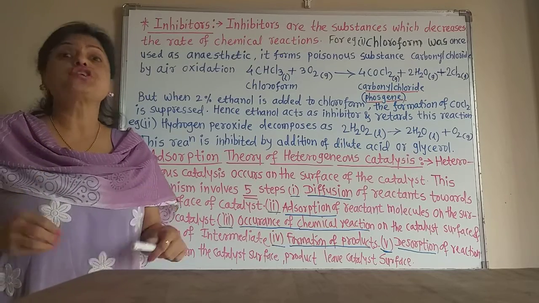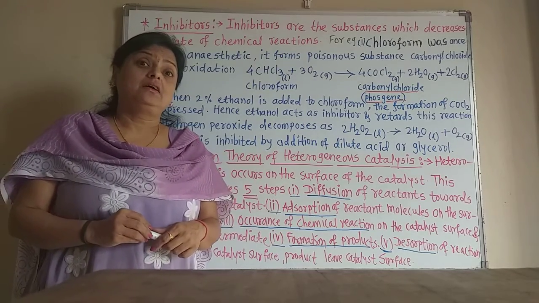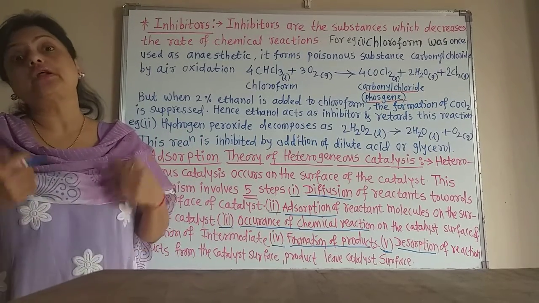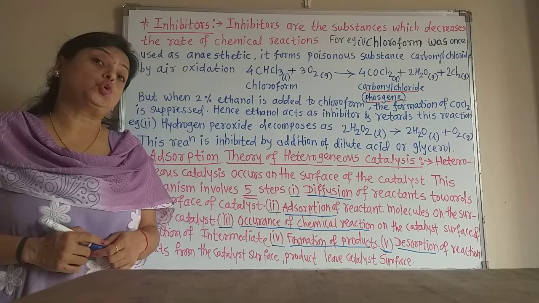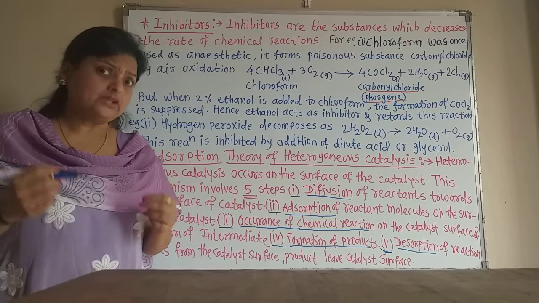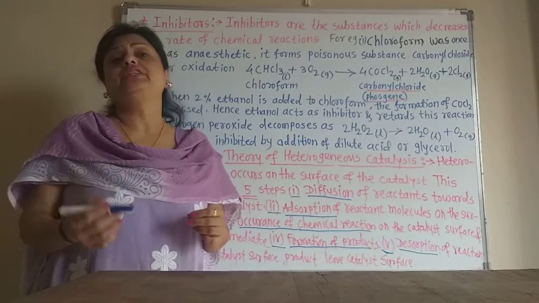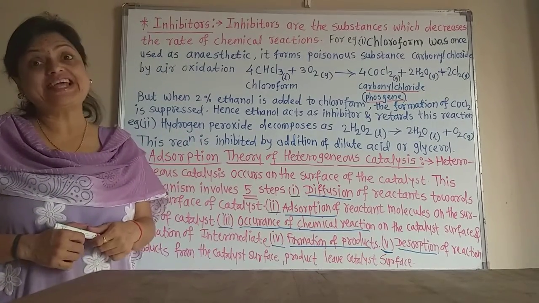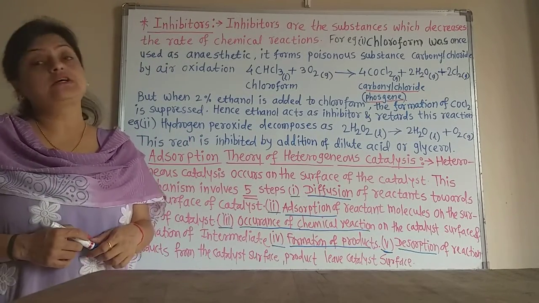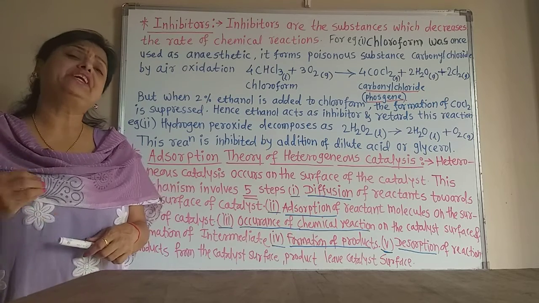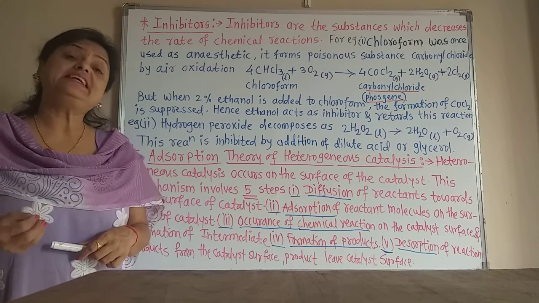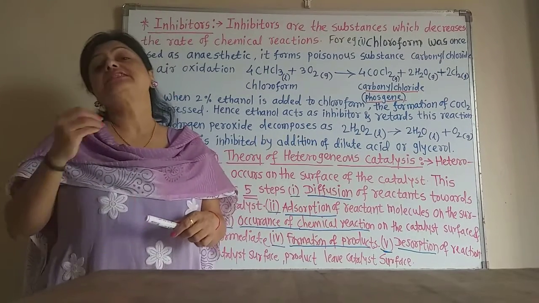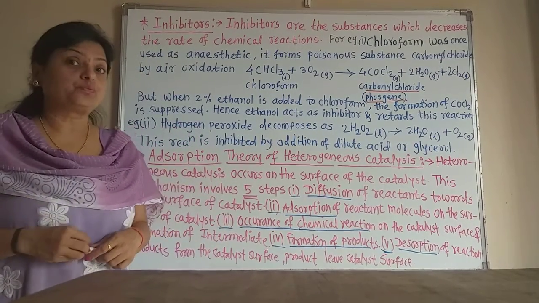But this phosgene gas is formed when there is air oxidation, that is, the reaction of this chloroform with the air, oxygen and light. There is formation of the phosgene gas, called carbonyl chloride, which is very poisonous, and when it is inhaled by living organisms, sometimes they die also.